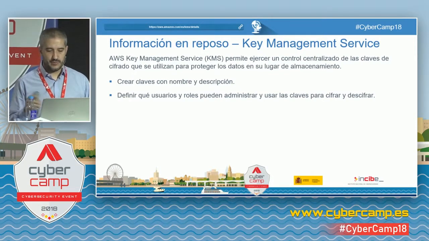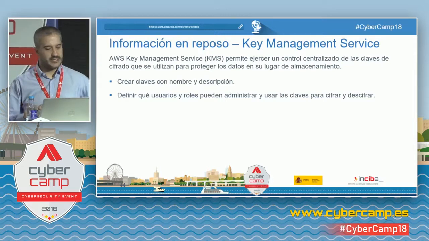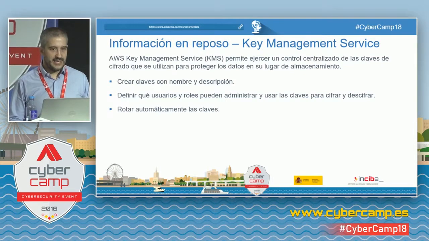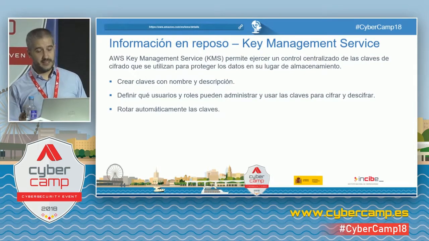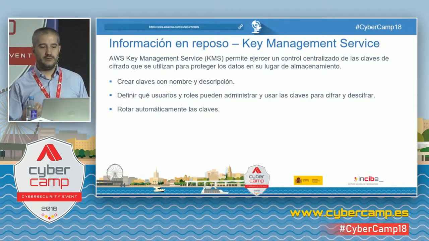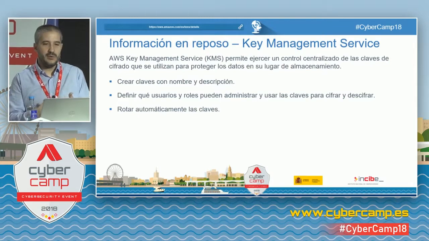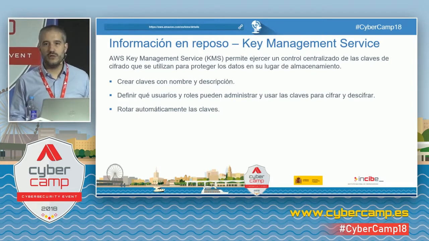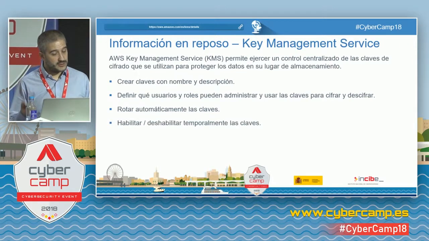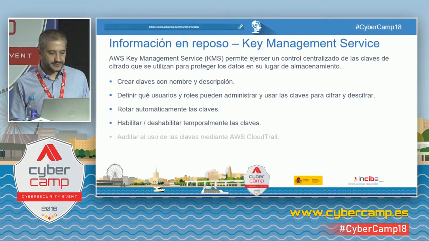So we see what roles they can manage, we can use them, you can use it, you can manage it, and you can decide. They rotate automatically, so you will generate a key that will rotate, and it's a transparent process for everyone. We can enable and disable them temporarily.